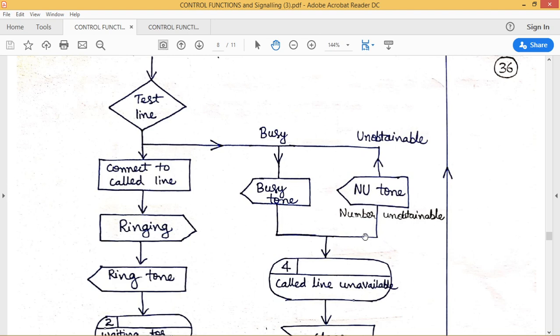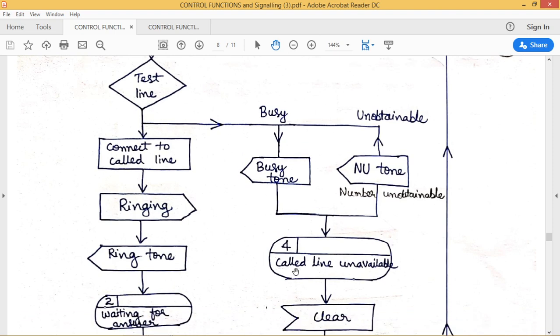So in both cases it will result in state 4, that is called line is unavailable. So it is going into state 4, that is, this person is not at all available to receive the call.